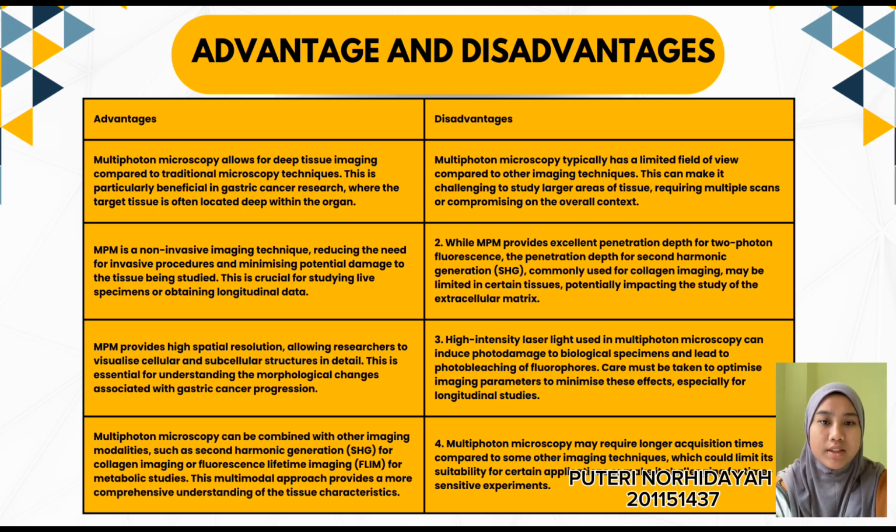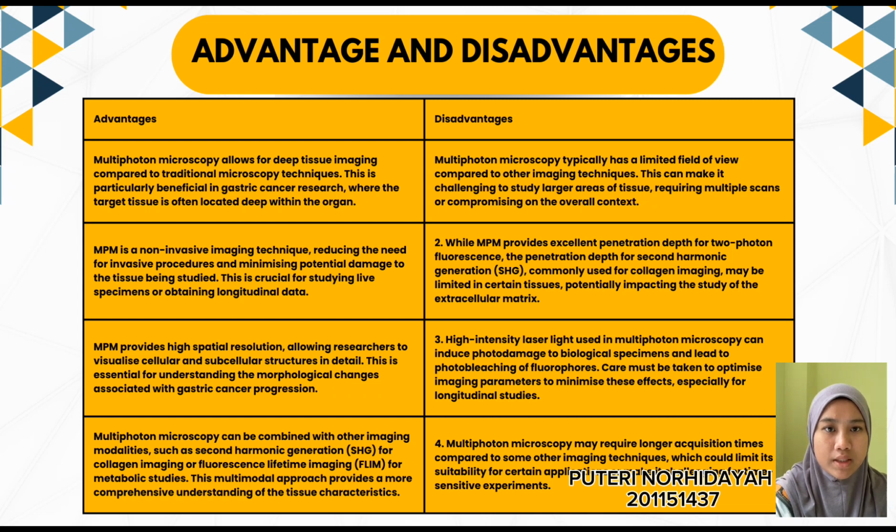Disadvantages of NPM. Firstly, multiphoton microscopy typically has a limited field of view compared to other imaging techniques. This can make it challenging to study larger areas of tissue, requiring multiple scans or compromising on the overall context.